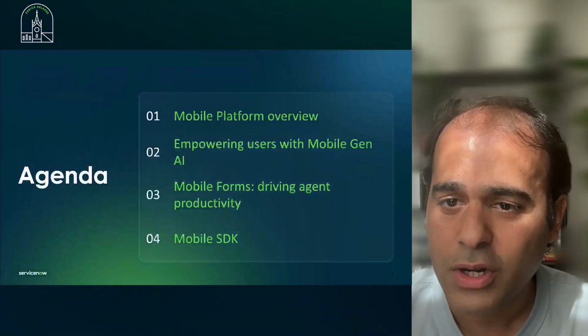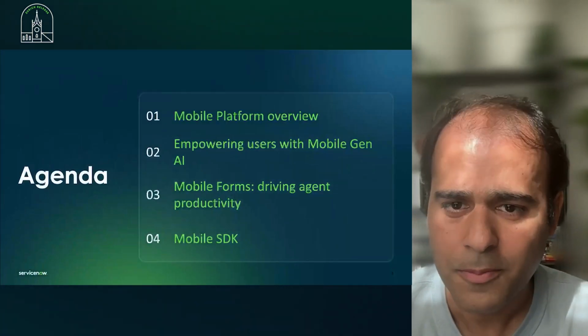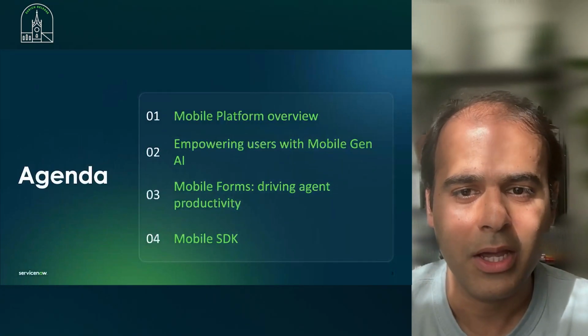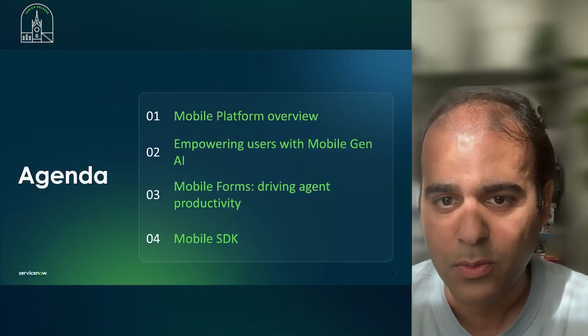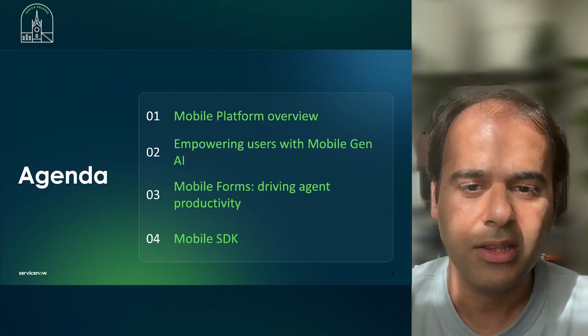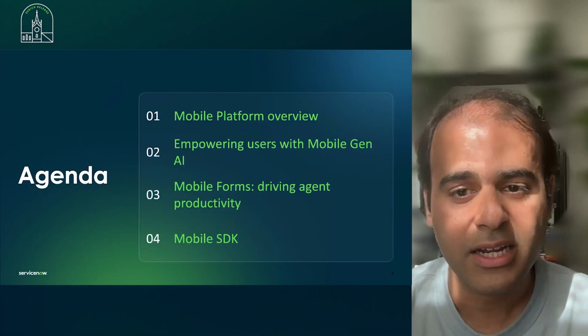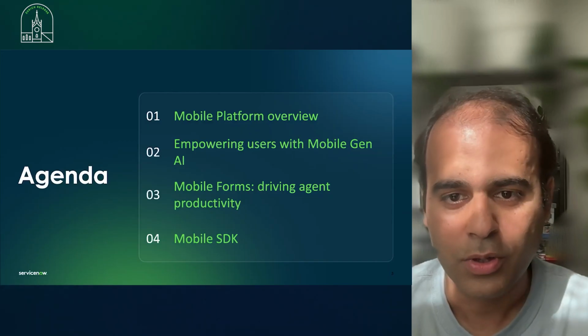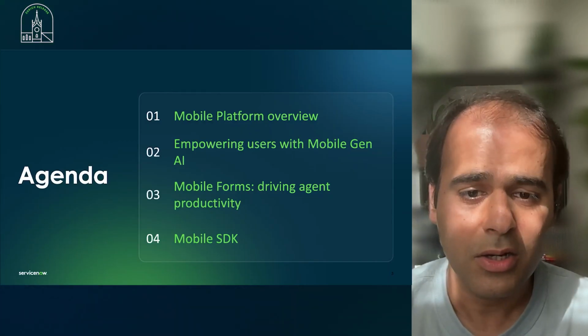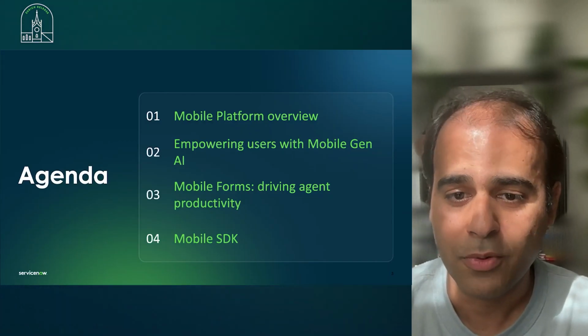We have four different agenda items that we're going to cover today. First, I want to start by talking about what is the mobile platform. When we say that, what does that mean? What does it cover? Then we're going to be talking about the latest AI capabilities on mobile and how you can use it. Third, we're going to be talking about our mobile input form.